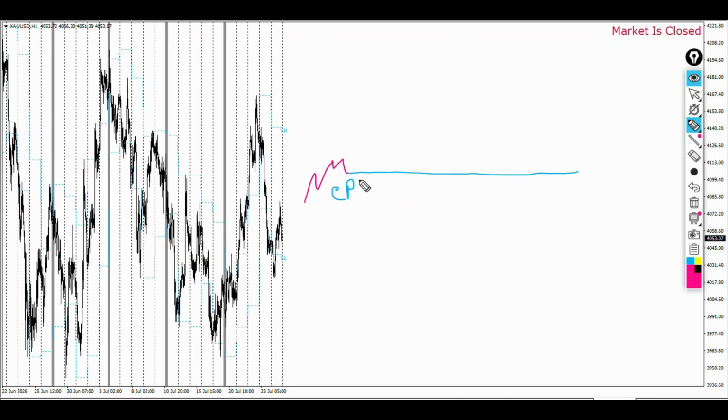Then the market goes up, and at the end of the week tries to come back to this closing price area, this magnet area. This is one variation of the weekly template.